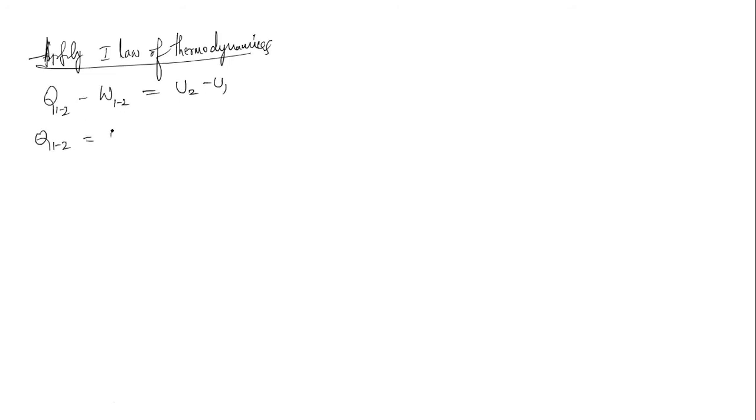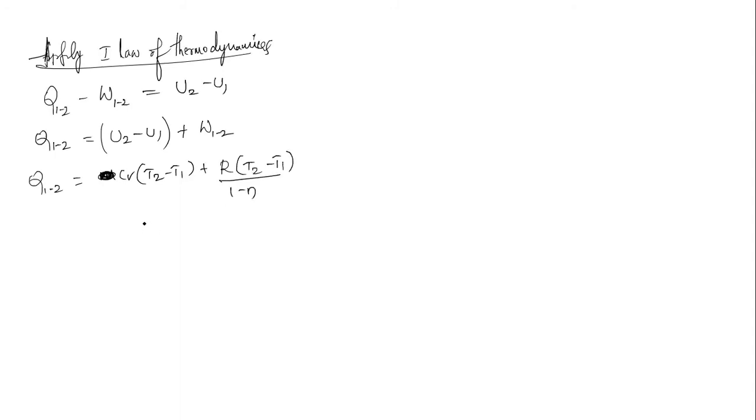Q1 to 2 is equal to U2 minus U1 plus W1 to 2. So Q1 to 2 is m Cv (T2 minus T1). We consider the unit mass, therefore m is equal to 1 kg. W here is R (T2 minus T1) divided by 1 minus n.